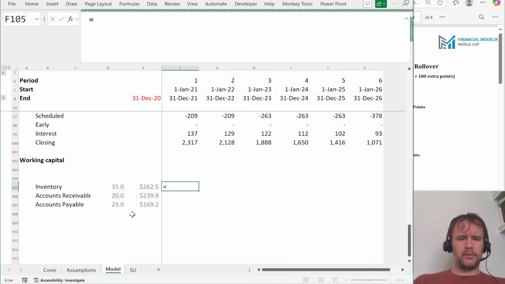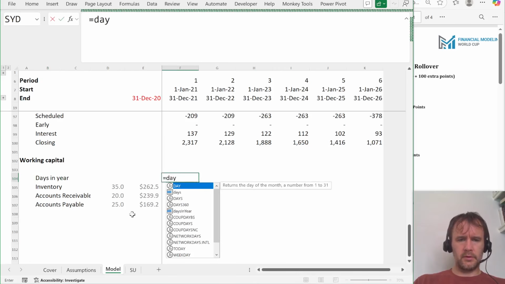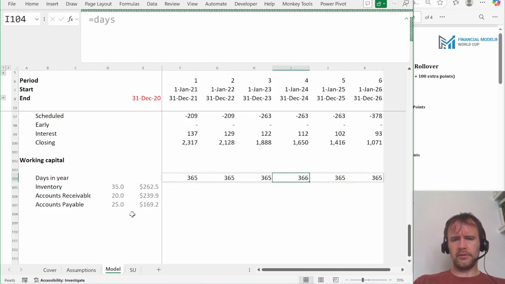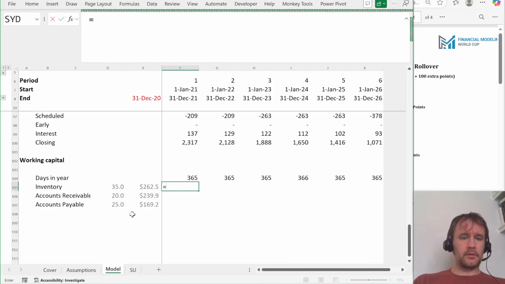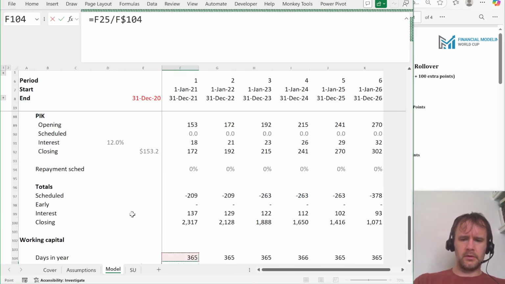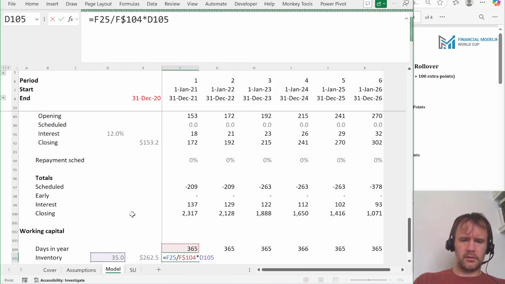Okay, so the inventory is going to be, actually, let's do days in year, which I think I have as a variable there. Yes, happy days. So we got 365. Inventory is going to be COGS, I guess we'll do it one at a time. COGS divided by days in the year, multiplied by this.